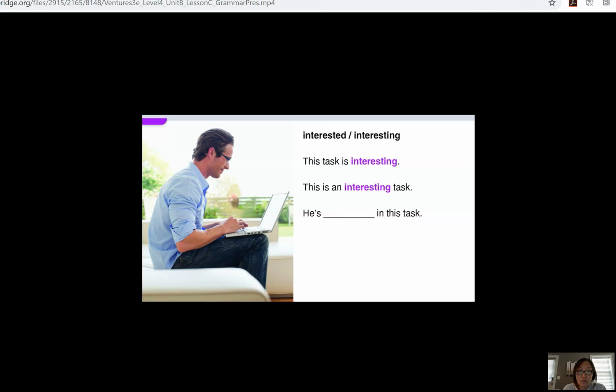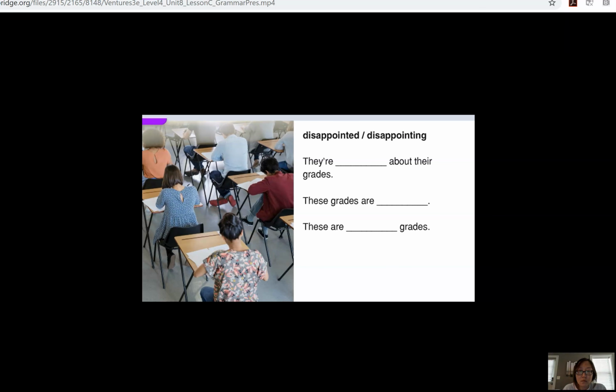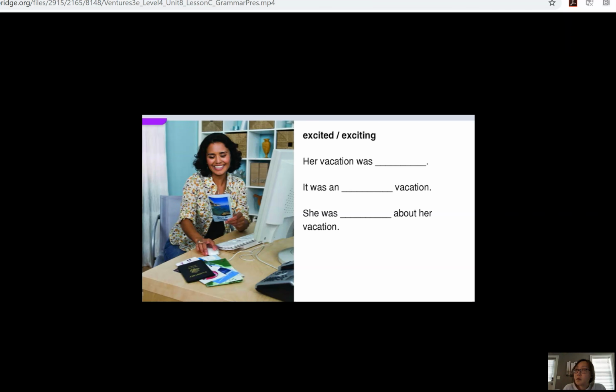This is an interesting task. He's interested in this task. They're disappointed about their grades. These grades are disappointing. These are disappointing grades. Her vacation was exciting. It was an exciting vacation. She was excited about her vacation.